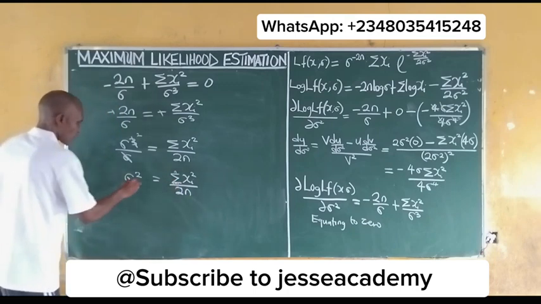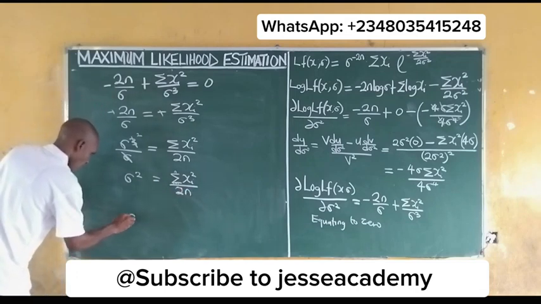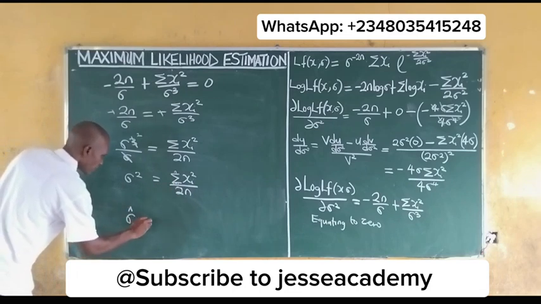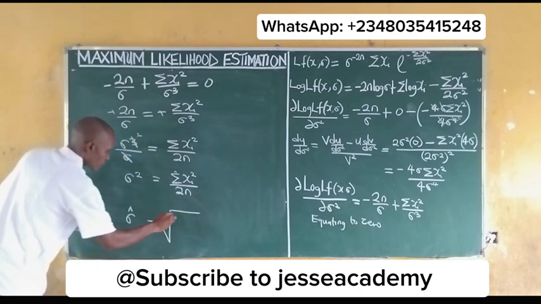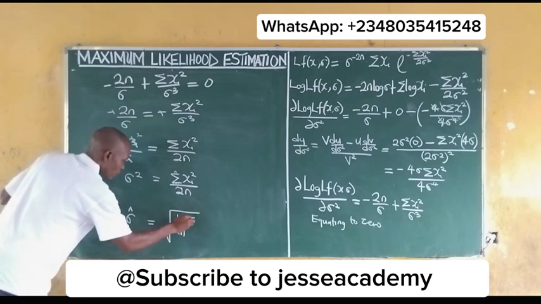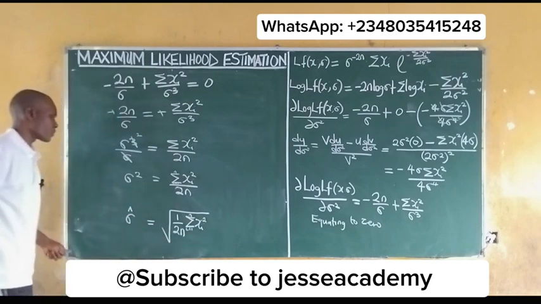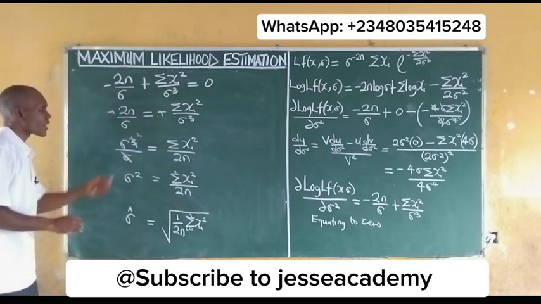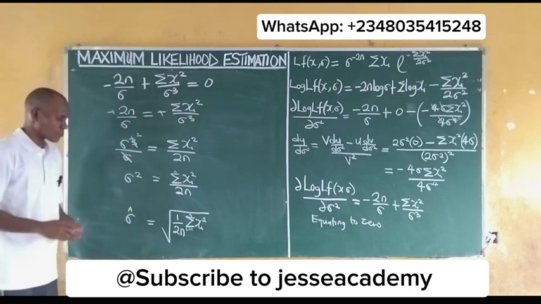If we take the square root of both sides, we get our sigma estimate equal to the square root of 1 all over 2n summation of xi squared, i ranging from 1 to n. So this is now the maximum likelihood estimator for the Rayleigh distribution.